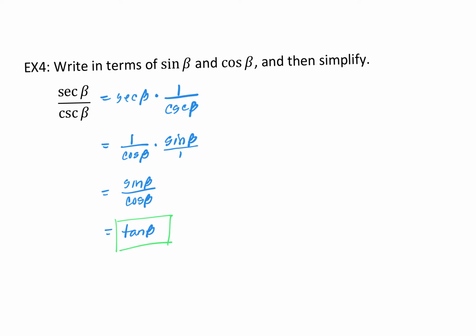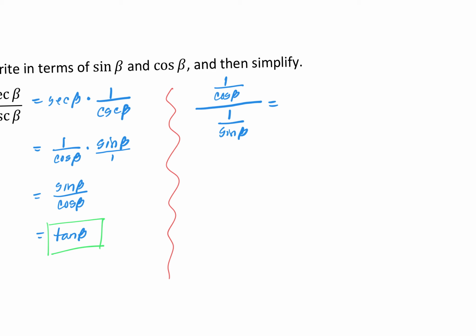Now I am going to show you what it would look like if you didn't separate it, which is completely fine. If you kept it the way it was, then secant would be 1 over cosine of beta, and then you have your fraction bar, 1 over sine of beta. So you see how we have this complex fraction, which we would then have to change to the top divided by, looks like a plus, the bottom.